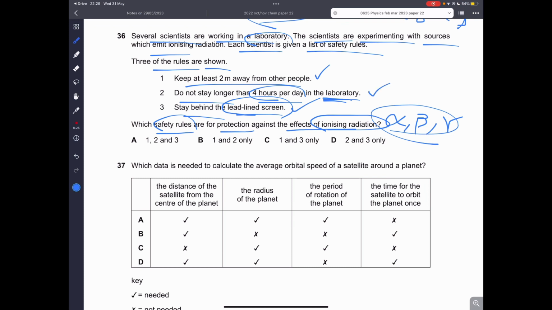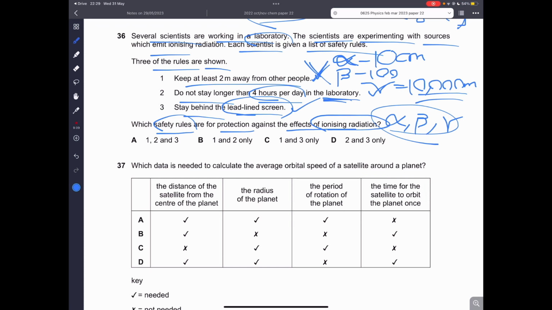And safety rule 1 says that keep at least 2 meters away from other people. Now this does not work because remember, even though alpha has a range of 10 centimeters in the air, and beta has around 100, gamma has around 10,000 meters of coverage, and so you would, in theory, have to stay over 10,000 meters so that you can be protected, but it doesn't work that way.